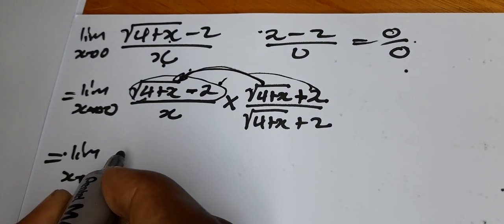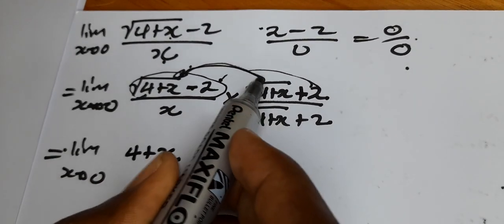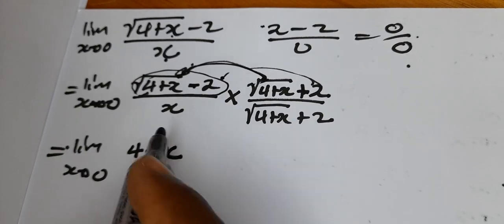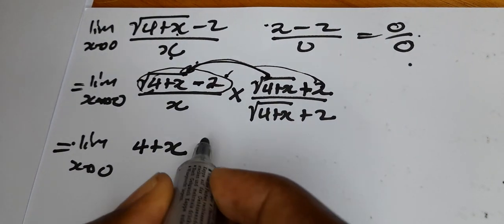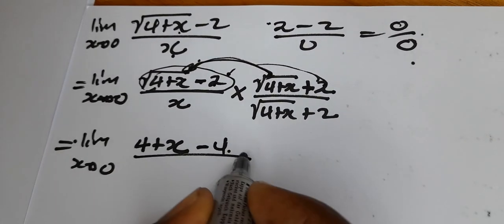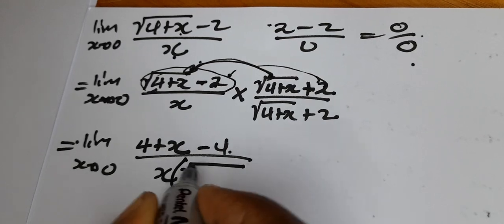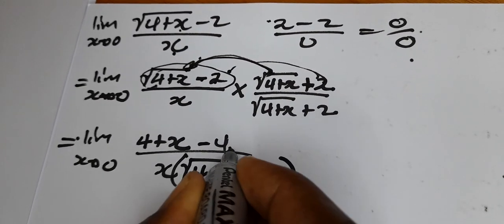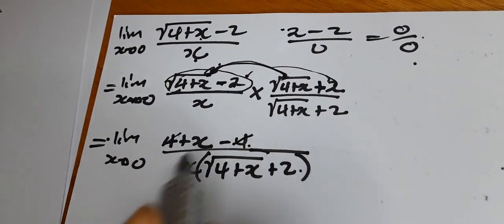So we are going to have 4 plus x, since this multiplied by this, the square root will cancel. And then 2 multiplied by negative 2, we are going to have negative 4. And then all over x, then the square root of 4 plus x plus 2, and then we close the bracket. Then this 4 and this 4 will cancel.